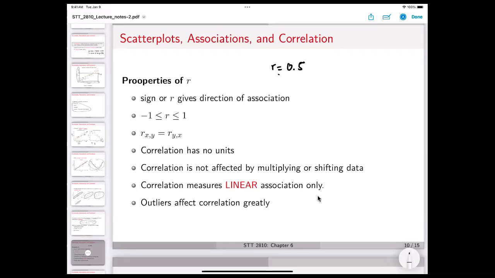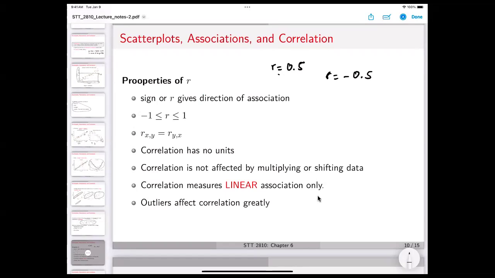It means the direction is positive. Is that okay? If you have R equal to negative 0.5, what is the sign here? Negative. So it means the direction is negative. So the sign of R tells you the direction. It's one thing you should be able to know.